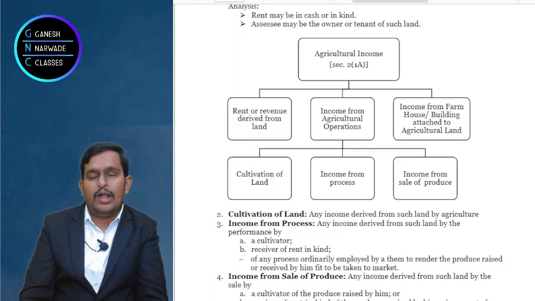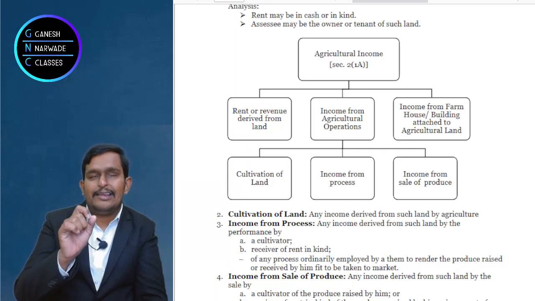But why they do all that? Because the farmer has to stay near to the agricultural land. So the farmer also will take that building, that cottage on rental basis. So the rent paid by the farmer becomes the agricultural income for the owner.